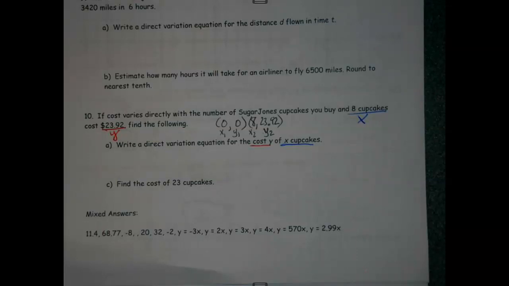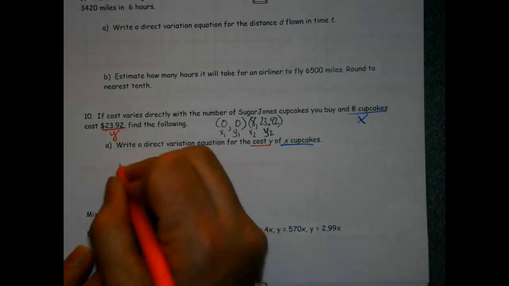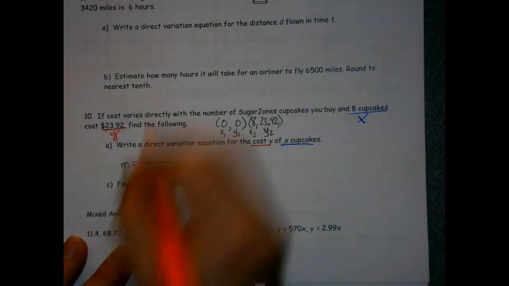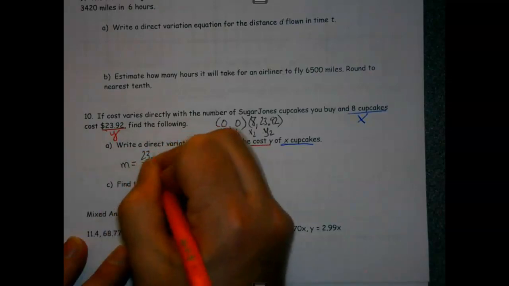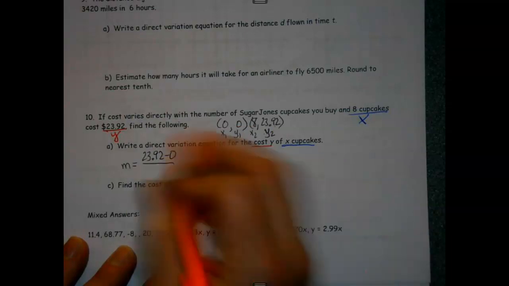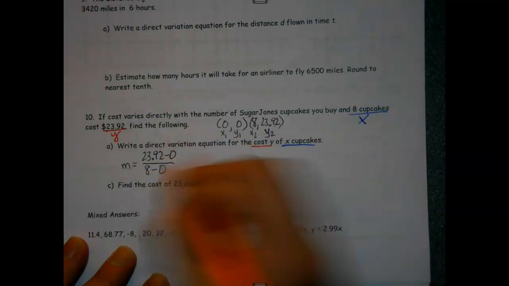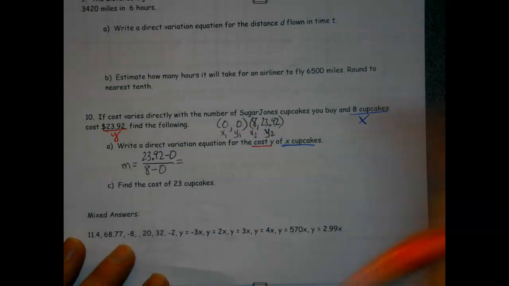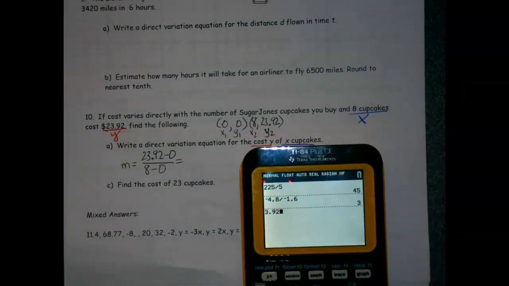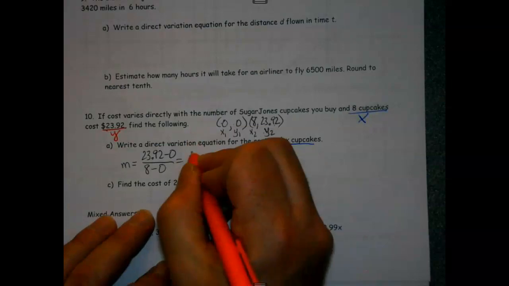So, let's find our slope. This one could be a little more interesting. So subtract my y's on top. Subtract my x's on the bottom. Whoops. I got to type it in right, though, to be able to get the right answer. 2.99.